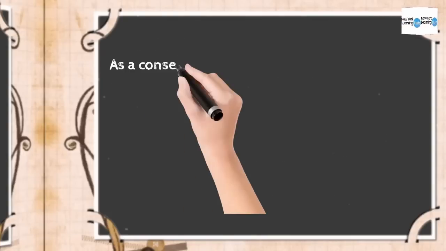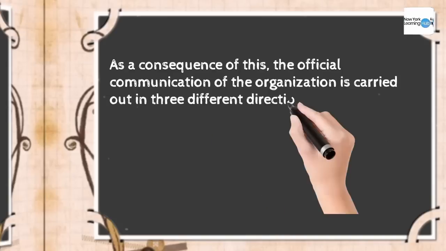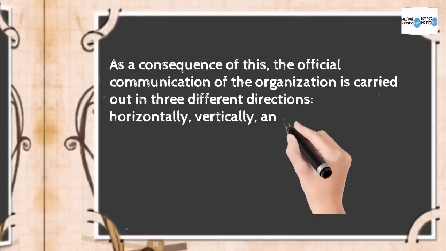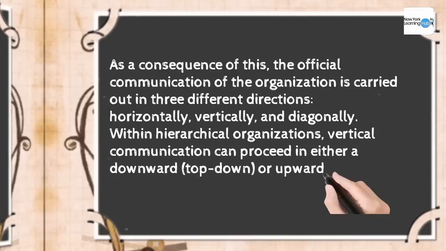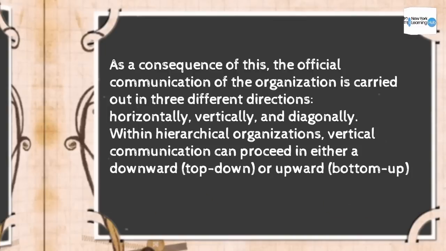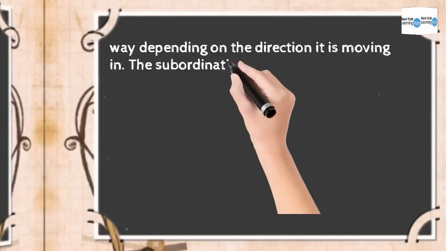As a consequence of this, the official communication of the organization is carried out in three different directions: horizontally, vertically, and diagonally. Within hierarchical organizations, vertical communication can proceed in either a downward, top-down, or upward, bottom-up way, depending on the direction it is moving in.